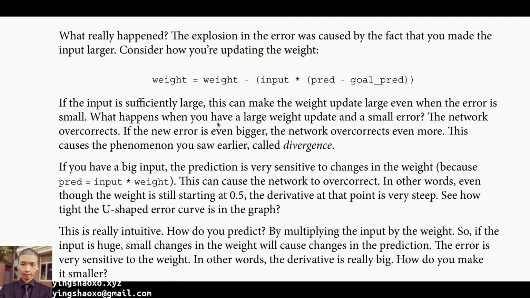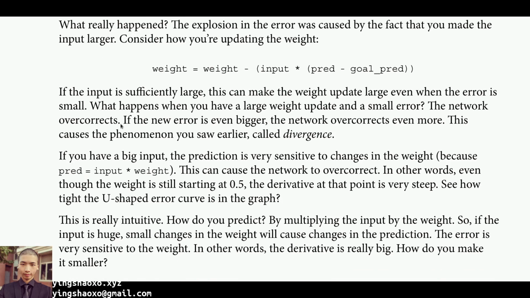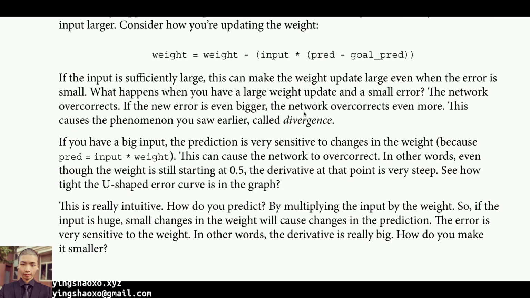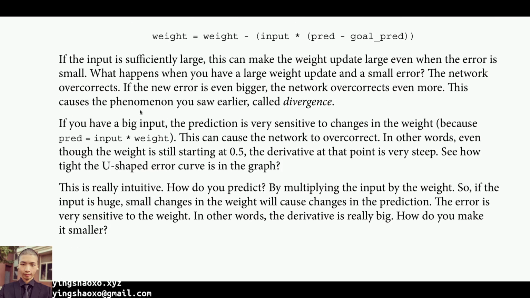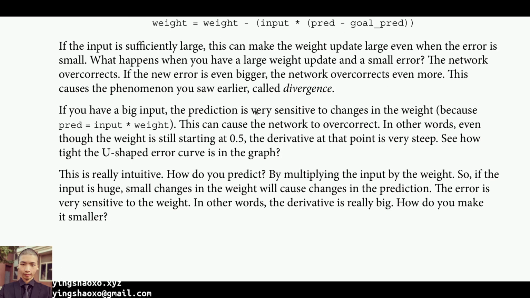What happens when you have a large weight update and a small error? The network overcorrects. If the new error is even bigger, the network overcorrects even more. This causes the phenomenon you saw earlier, called divergence.